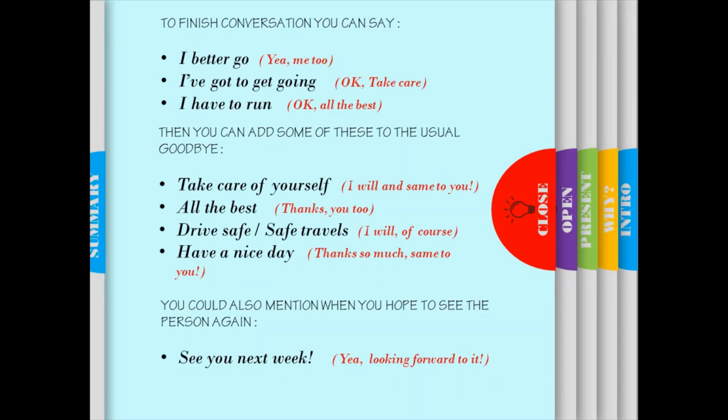Of course, we can change this to see you tomorrow, see you later, see you next year, see you this afternoon, whatever you like. But it's good to say when. And one more that is very open, see you again. If you don't know when you will meet again, you can say see you again.